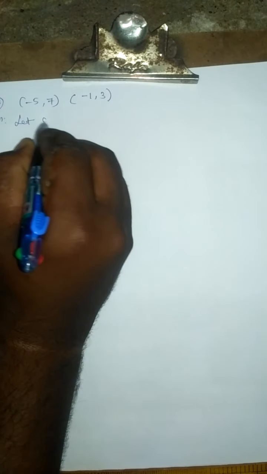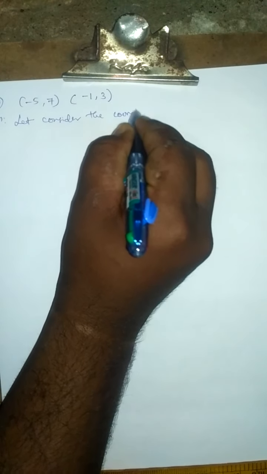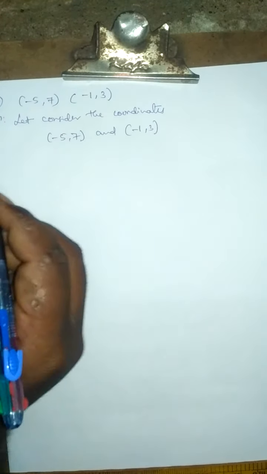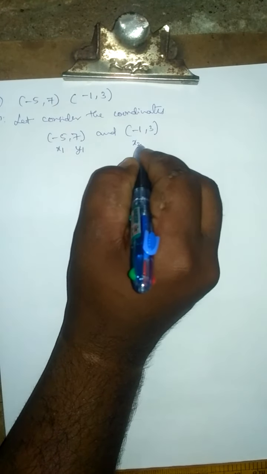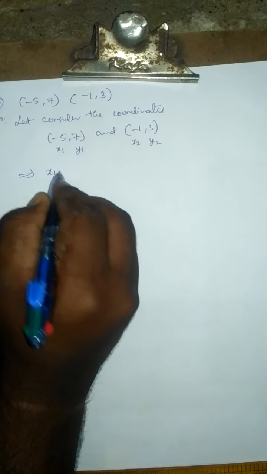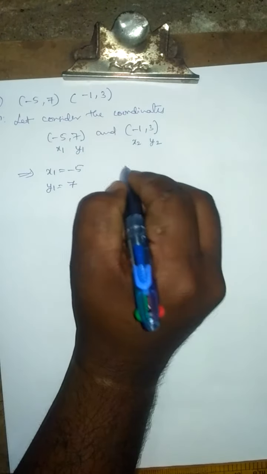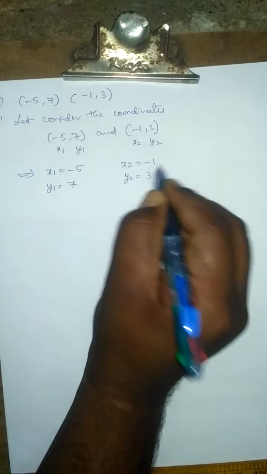Let us consider the coordinates minus 5 comma 7 and minus 1 comma 3. Here we name this one as x1, y1 and this as x2, y2. So x1 is equal to minus 5, y1 is equal to 7, x2 is equal to minus 1, y2 is equal to 3.